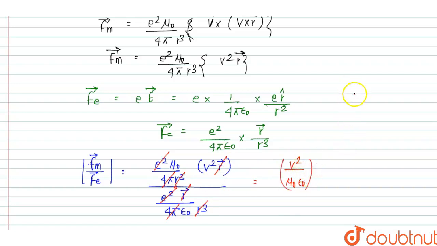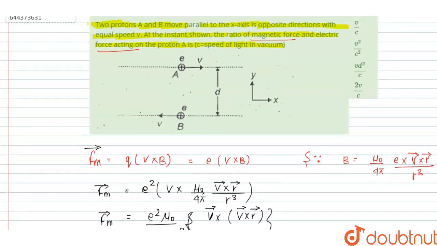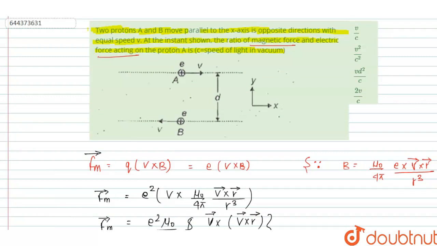Since c is the speed of light, c is equal to root under mu naught epsilon naught, that means c square is equal to mu naught into epsilon naught. Then the value is v square upon c square. This is the required ratio of the magnetic force upon the electric force, equal to v square upon c square. When we see the options of this question, v square upon c square is option B. Option B is the right answer.